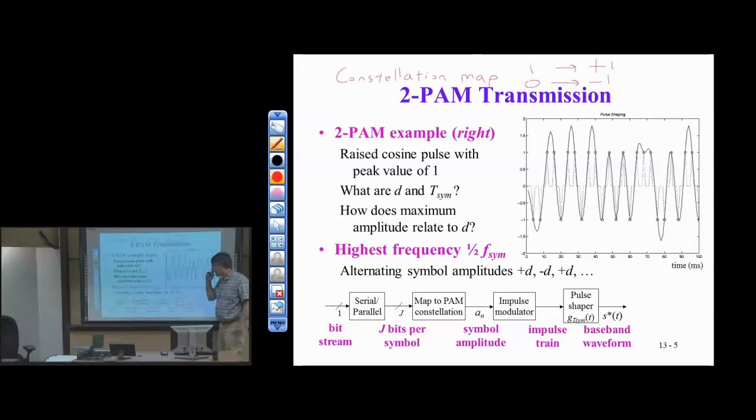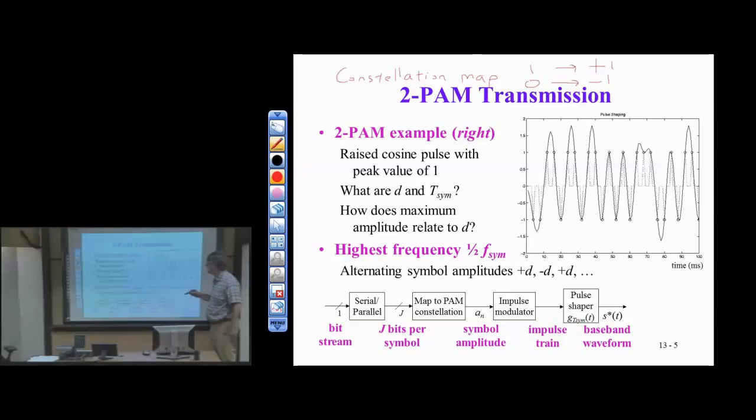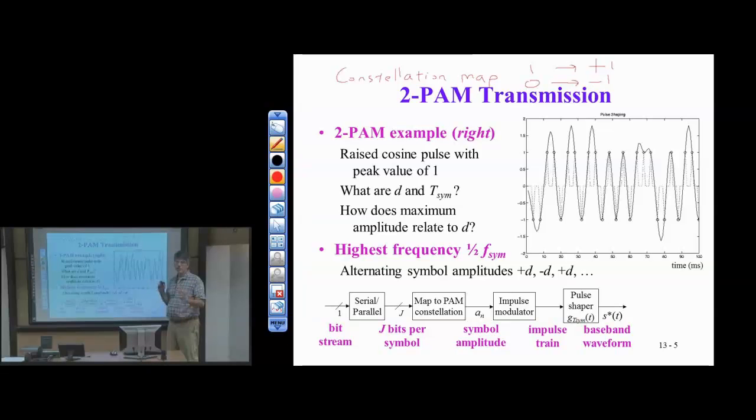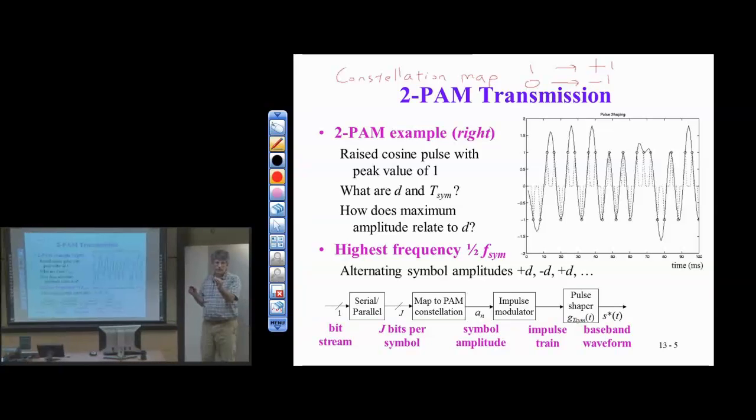I know that my symbol amplitudes are +1 and -1. And whenever I interpolate, I don't change the values, at least not from a linear system point of view. I just connect the dots, but I keep the dots that I started with the same value.